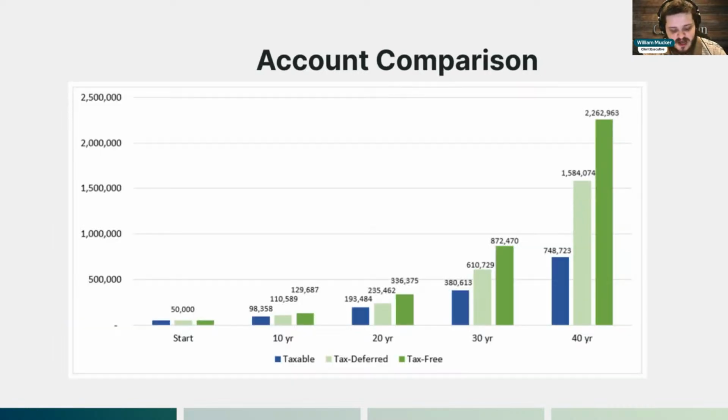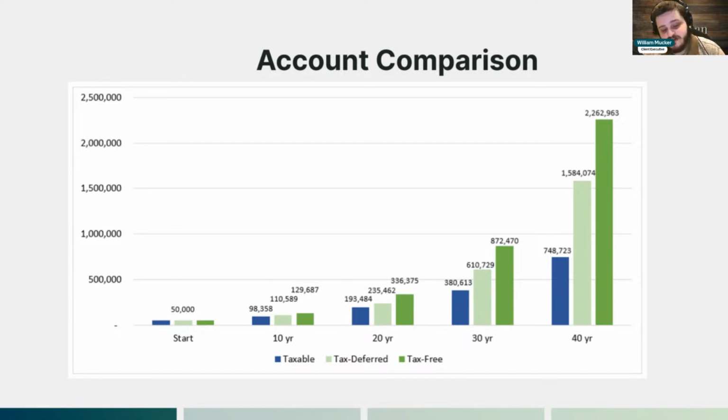This is another visual that you can use. This is $50,000 invested over 40 years at a 10% rate of return in a 30% tax bracket. This is what you'll get to keep. So the blue is the taxable income, the green is your tax deferred income, and the dark green is your tax-free income.